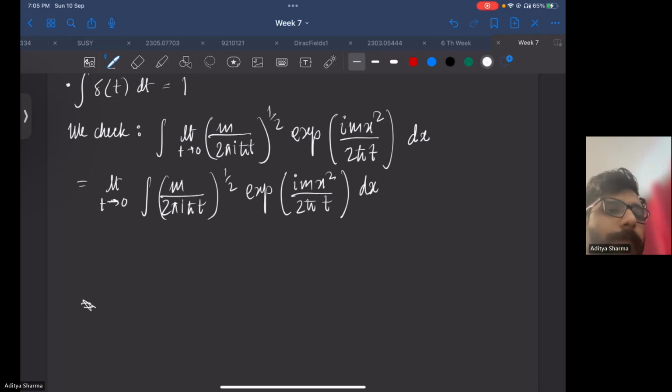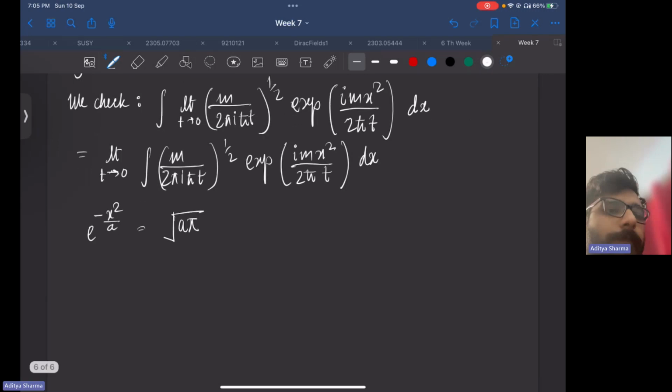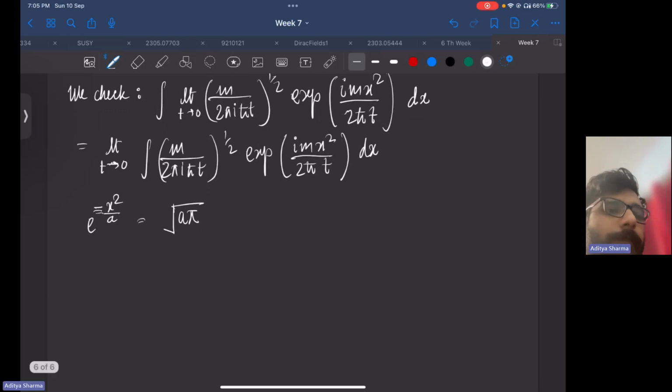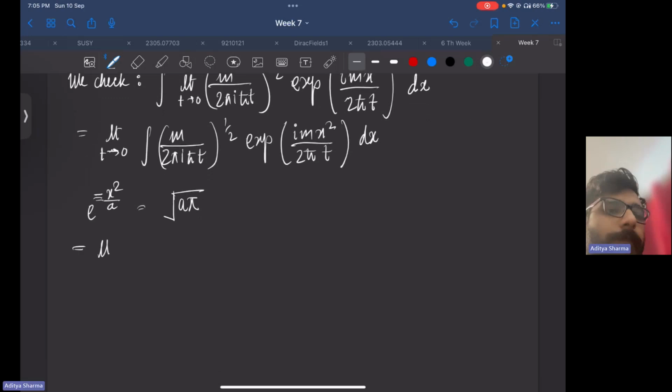Because I can just analytically continue a to some complex number and write this as pi by a. So I need to analytically continue, but I need this minus sign. So I need to introduce this minus sign there.